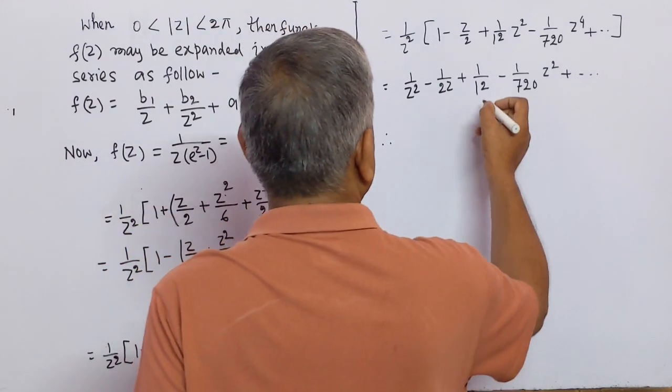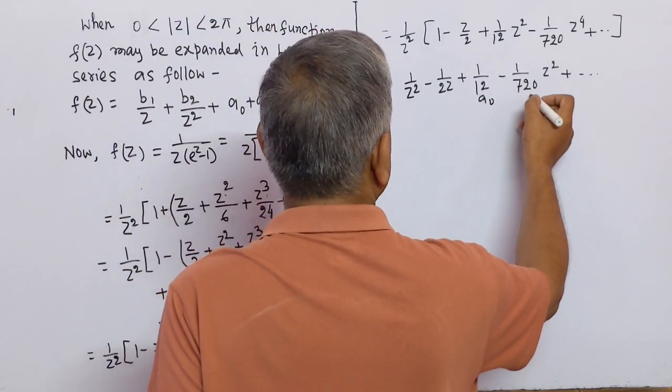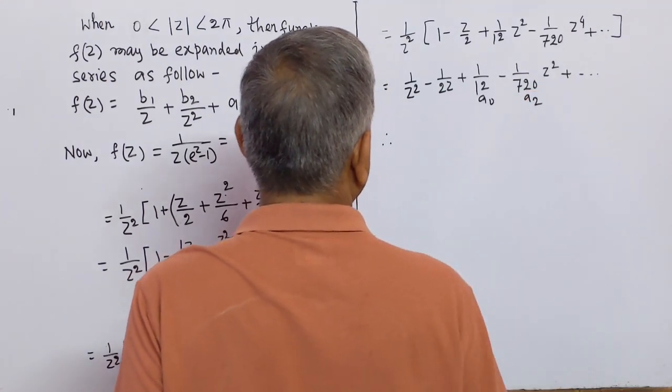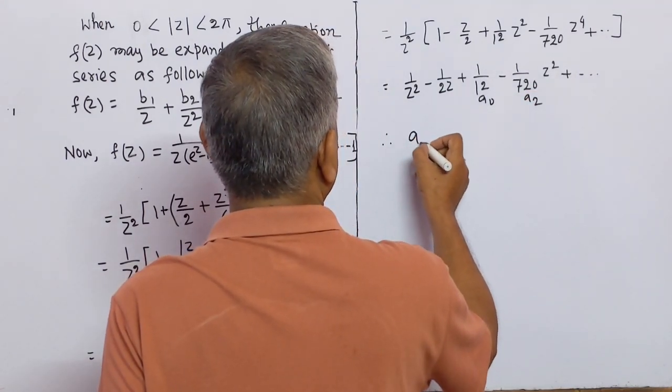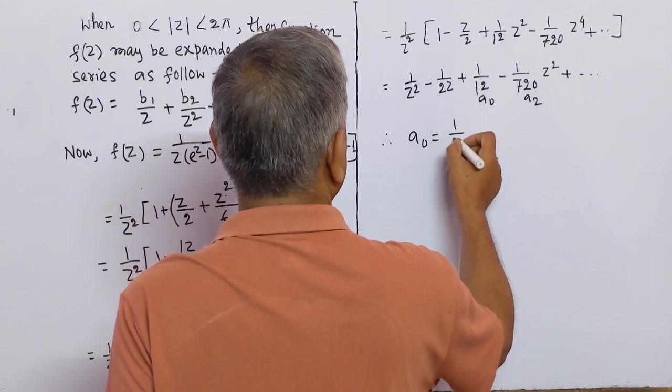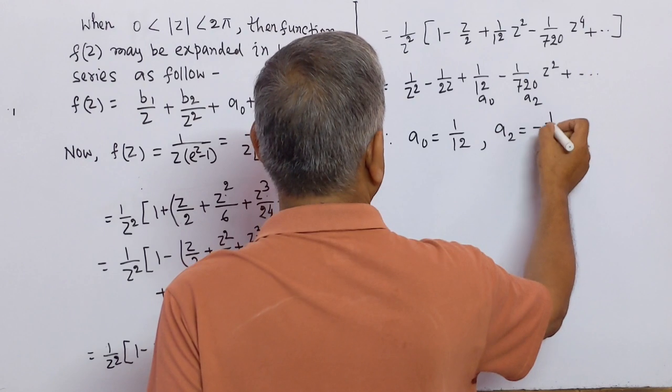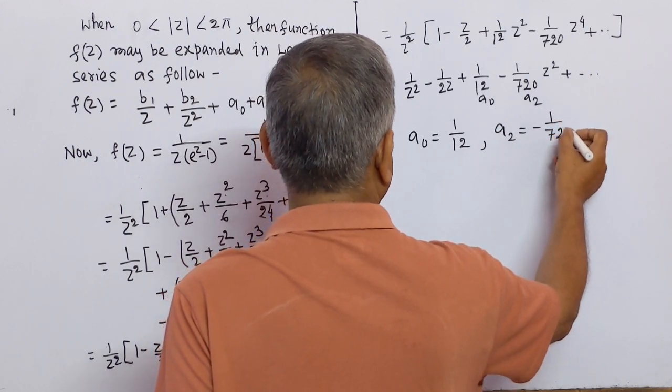This term is a naught and this is a2. Coefficient of z square is a2. Therefore a naught equal to 1 by 12 and a2 equal to minus 1 by 720.